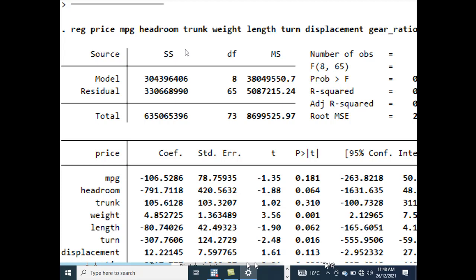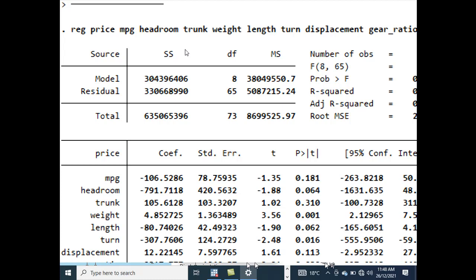So the difference is between these two words, overall and individual. The first portion here is giving you the answer for the first one, and the second portion is giving you the answer for the second one. So you should be very clear what is the meaning of overall significance and what is the meaning of individual significance.